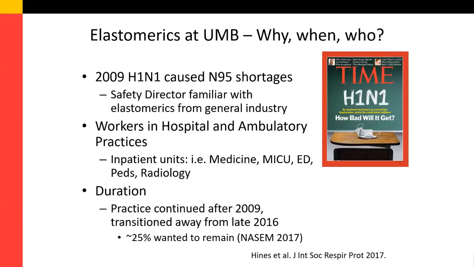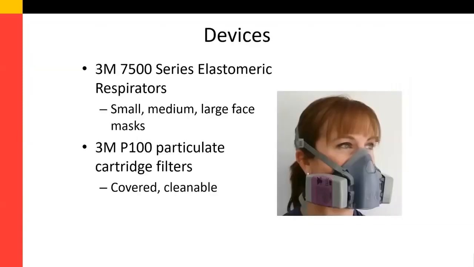And these devices have been the ongoing source of respiratory protection for the ambulatory workers since that time. So we used the 3M 7500 series elastomeric respirator, which comes in 3 different size face masks, as well as the 3M P100 particulate cartridge covered filters, which are cleanable.